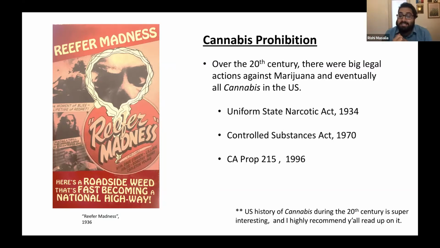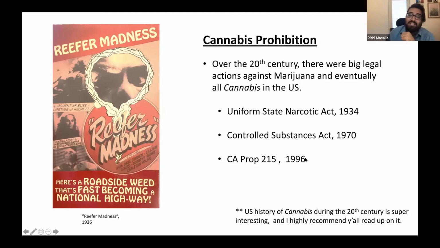Then in 1970, Nixon passed the Controlled Substances Act. This was one of the first parts of the war on drugs, which bumped cannabis to a Schedule I narcotic, the same as cocaine or morphine. So cannabis is now extremely difficult to get, and it's classified as a Schedule I drug, which means there's jail time affiliated with it.